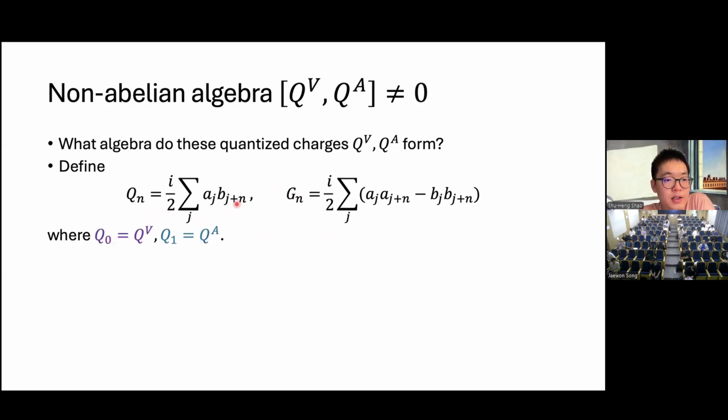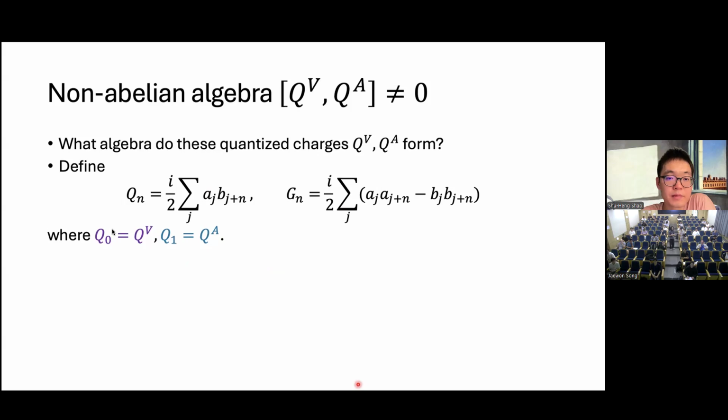Recall when n is 0, this is precisely our QV. When n is 1, this is our QA. But now I have defined an integer family of them, which I call Qn. And this Gn is some quadratic fermion operator. Qn and Gn, for every n, they all commute with the Hamiltonian.